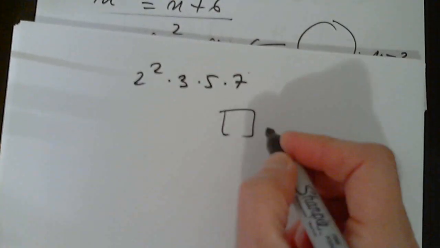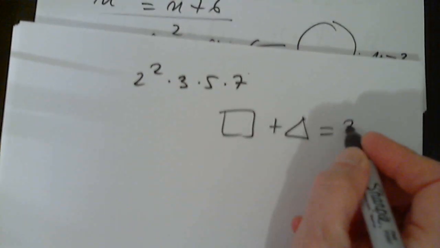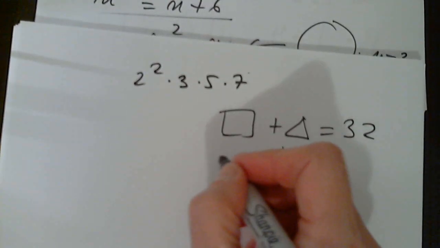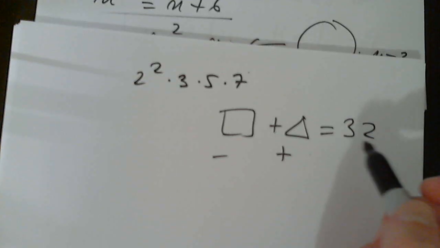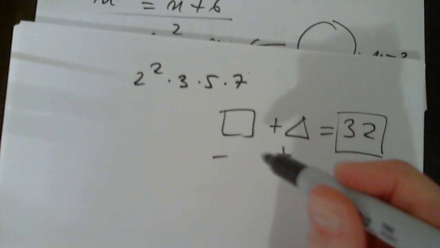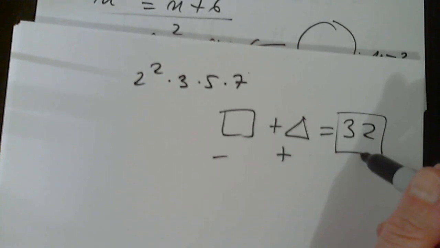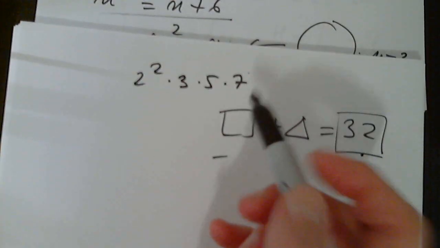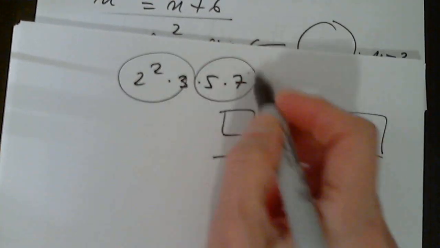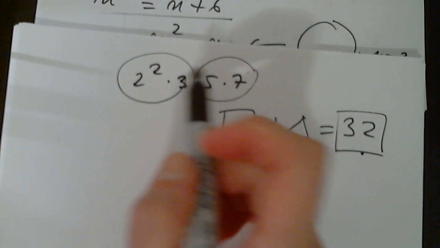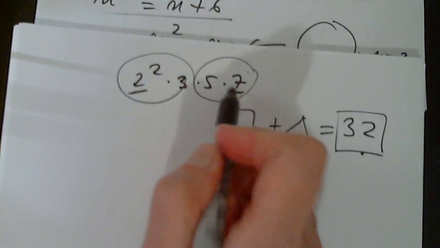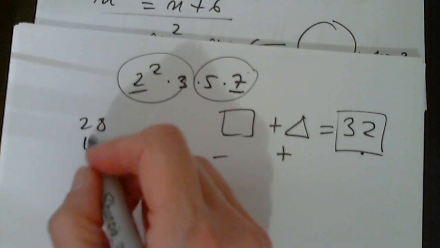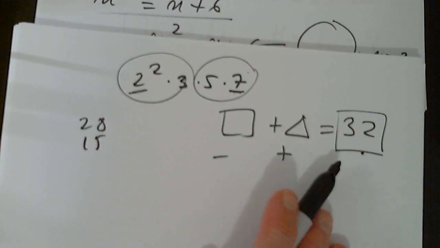I'm looking for two numbers, one positive and one negative, so that when I add them, I obtain 32. So what are the options? As I mentioned, 12 and 35 doesn't work. Another option, 4 and 7, 28 and 15. 28 minus 15 is not 32.